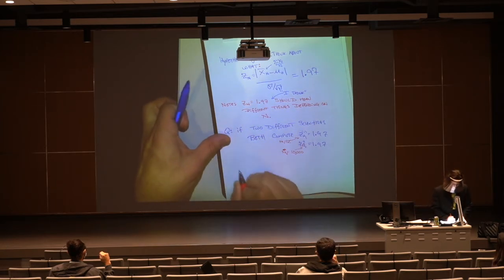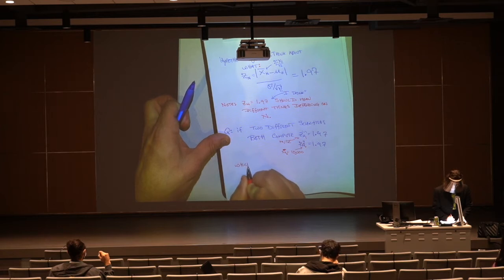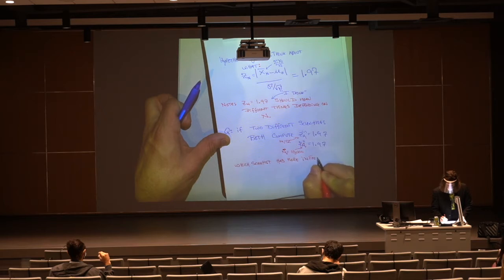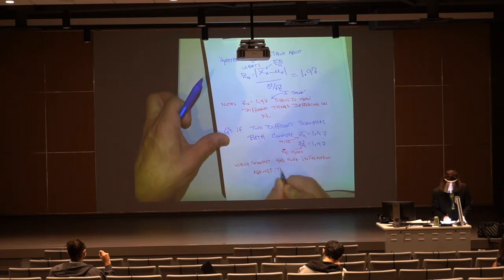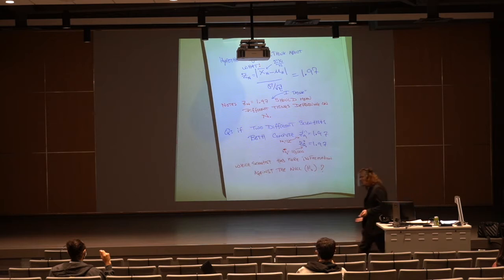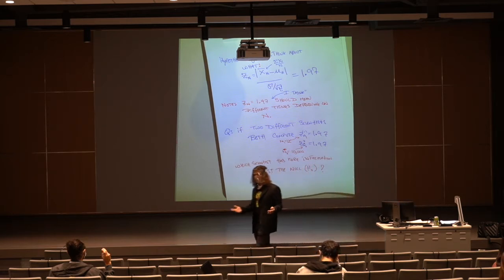My question is which scientist has more information against the null? Or do they have the same information against the null?